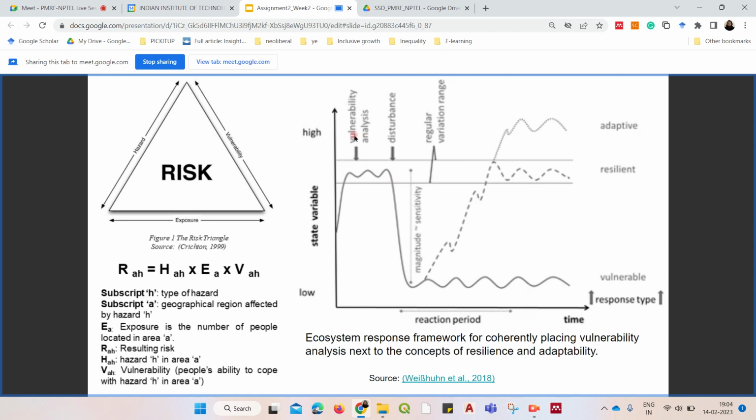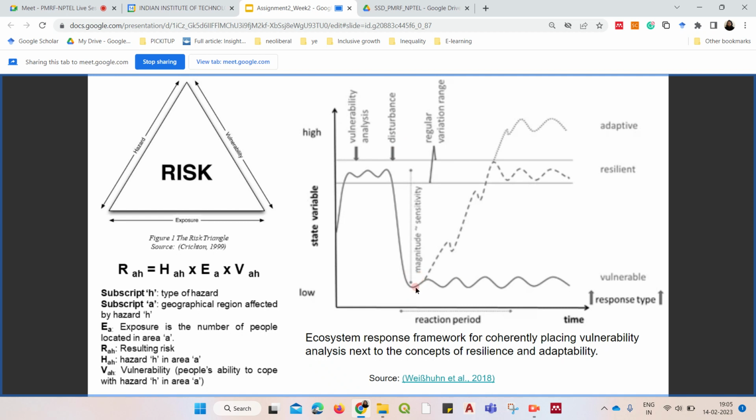So here is where the vulnerability analysis of the ecosystem can be done. When the disturbance occurs, from a high state variable, the ecosystem goes to a low state variable. So from a high functioning state, it goes to a low state when a disturbance occurs.